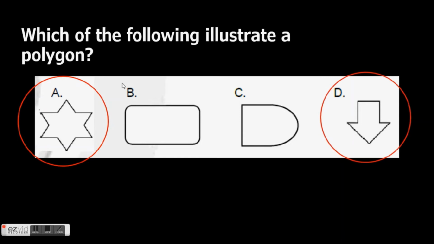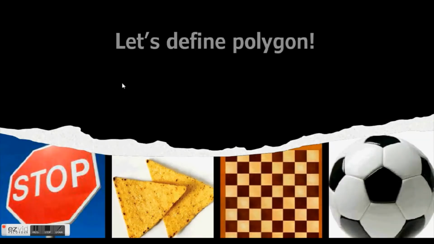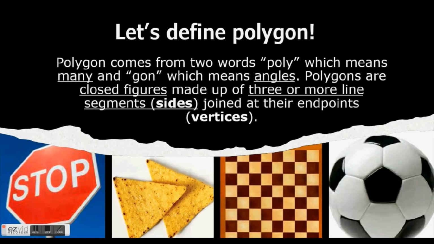Now, let's define a polygon. Polygon comes from two words, poly, which means many, and gon, which means angles. Polygons are closed figures made up of three or more line segments, which are their sides, joined at their endpoints, which are their vertices. So, yun yung definition natin ng polygon.